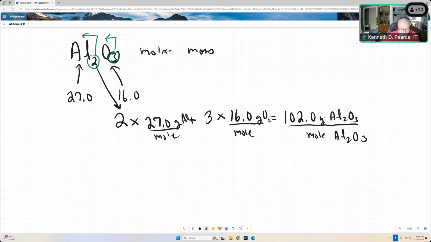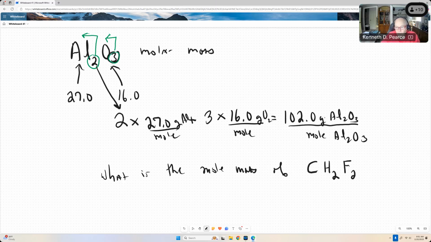All right, so let's try one. Let's do, what is the molar mass of, I don't know, let's go with CH2F2. All right, you got your periodic table in front of you, I hope.